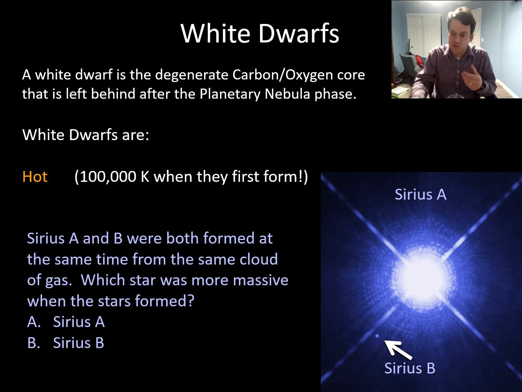It progressed through the stages of life more quickly, because it's reached the end of its life as a white dwarf, whereas Sirius A continues to fuse as a real star. And so the result is that Sirius B, the white dwarf, must have been more massive when it formed.